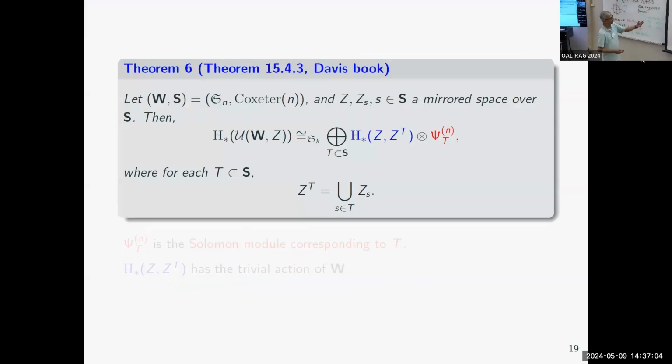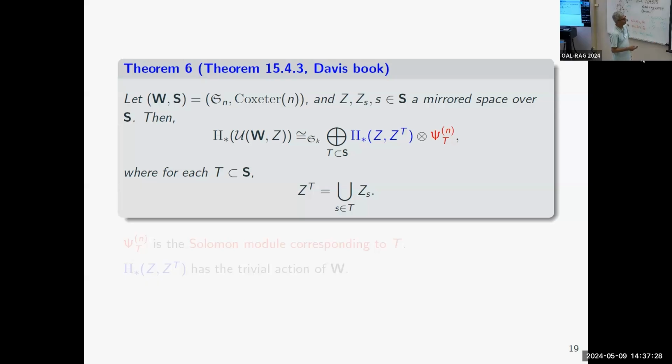Okay, and now this is a theorem from Michael's book, which tells you exactly what I wanted to say: this thing that you obtain by gluing little blue curves in order to get the big blue curve, its homology as an SN module is given by a formula.